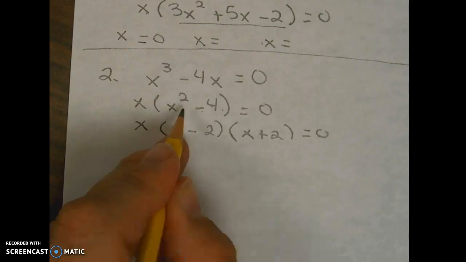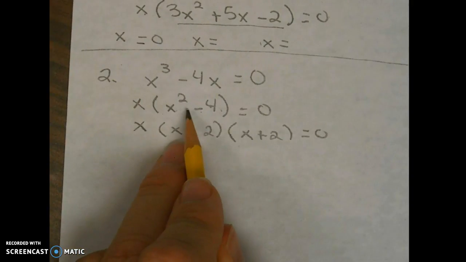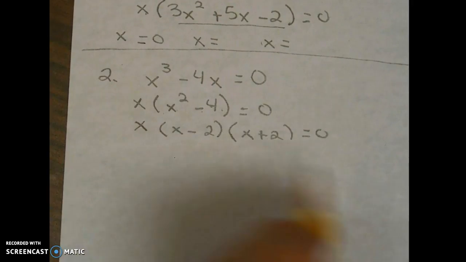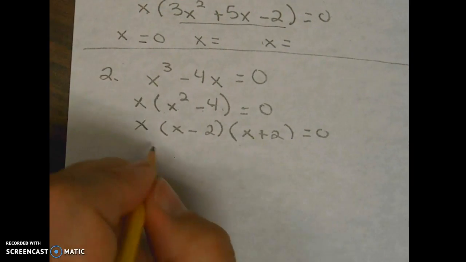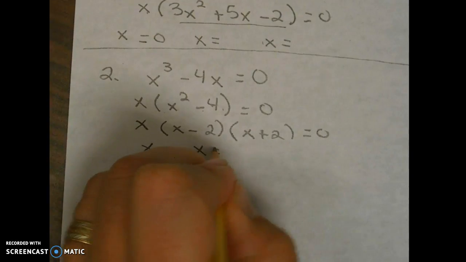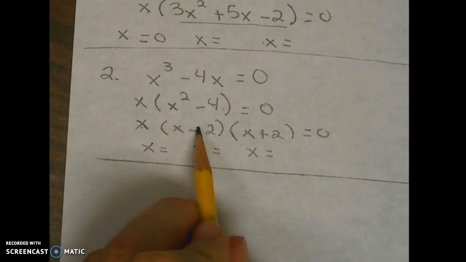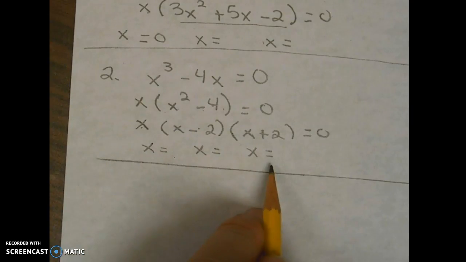You can do the x factor on this, but it would be a lot easier if you could recognize the difference of two squares. And then solve those for x. Notice 3 factors, 3 solutions.